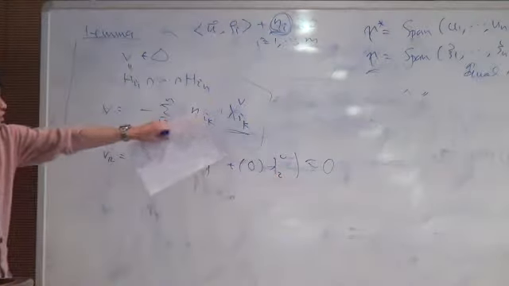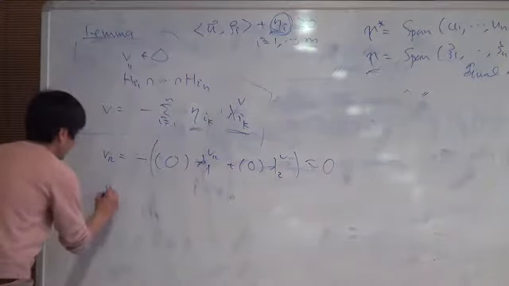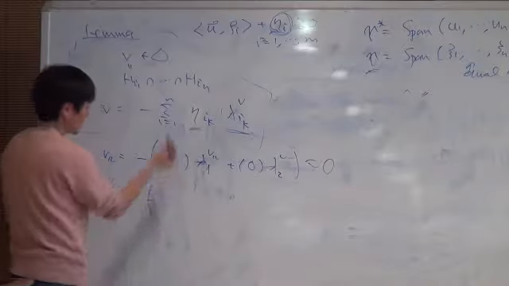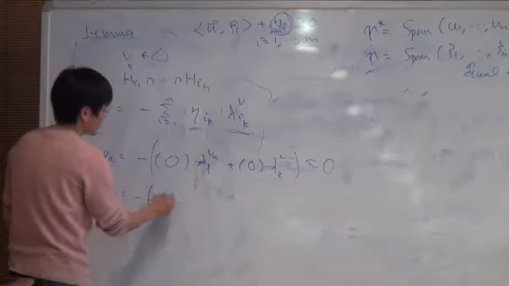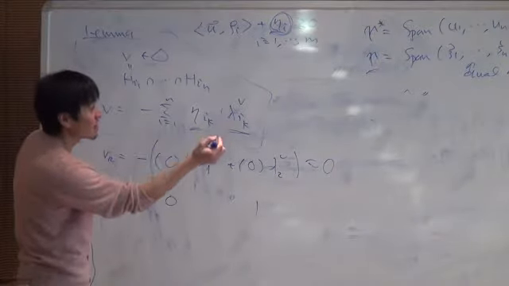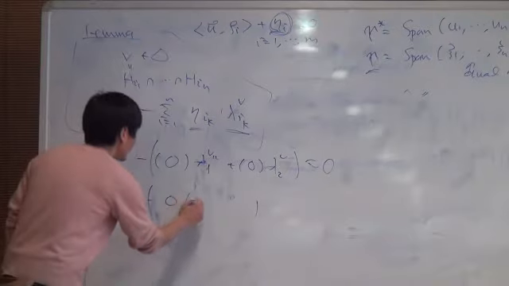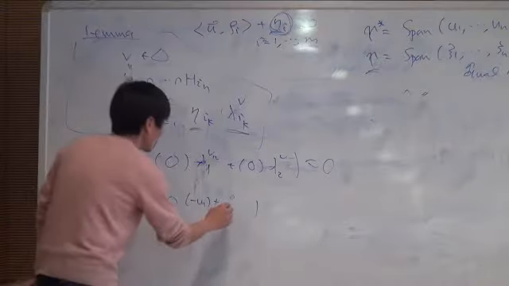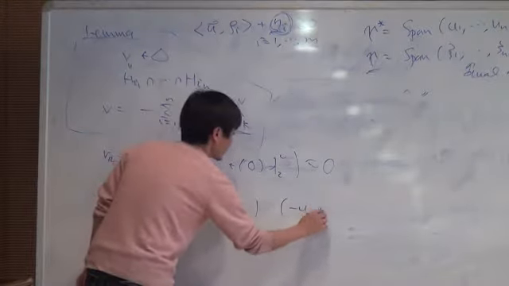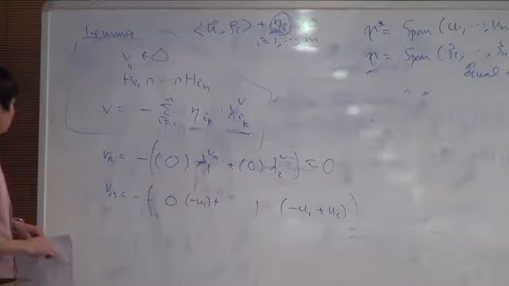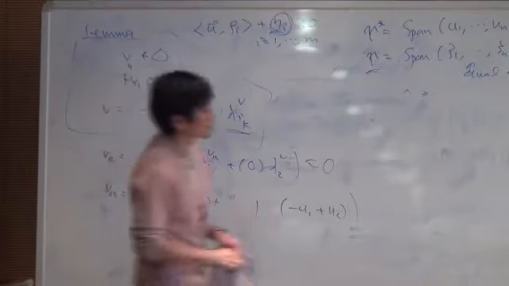The coordinate of v12 is 0, and v23 is 0 and 1, and for v23 you have an edge minus u1 plus u2. So it's not really agreeing.